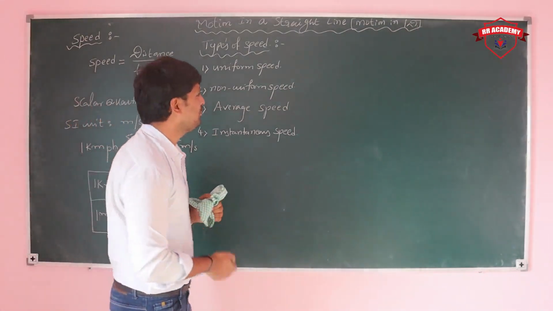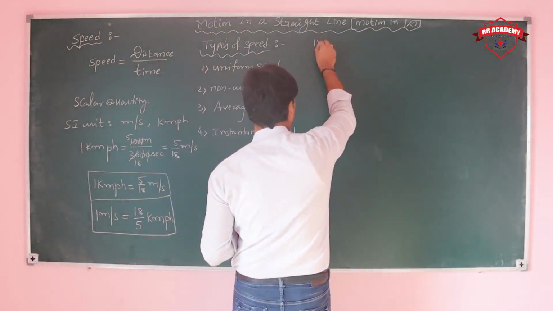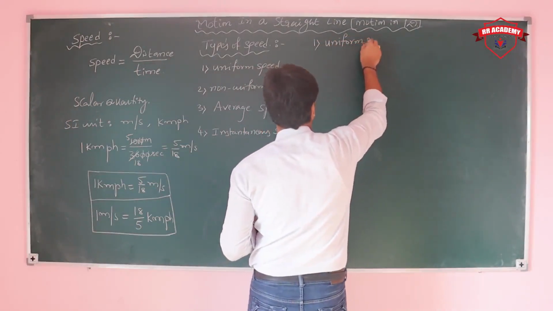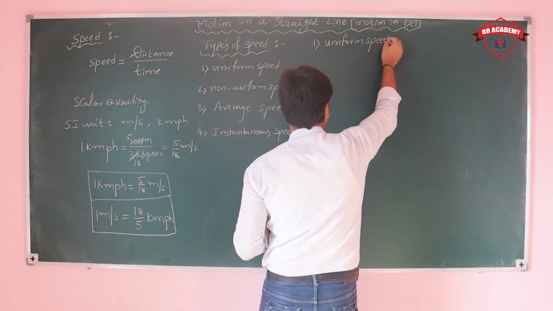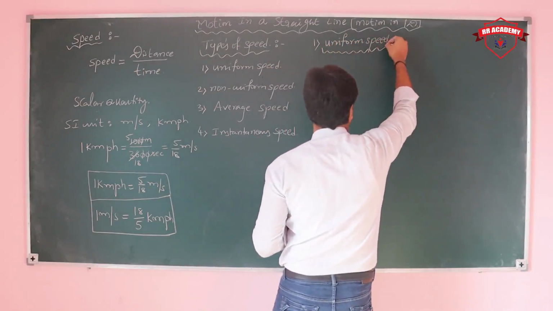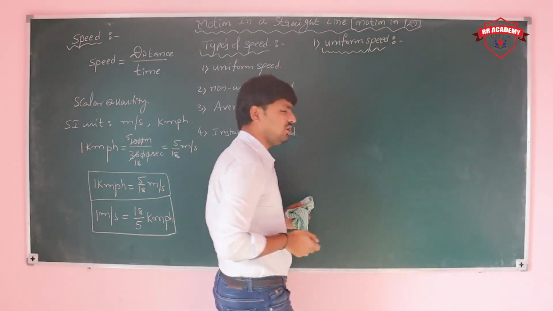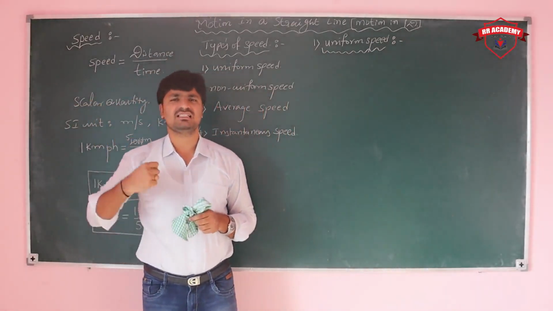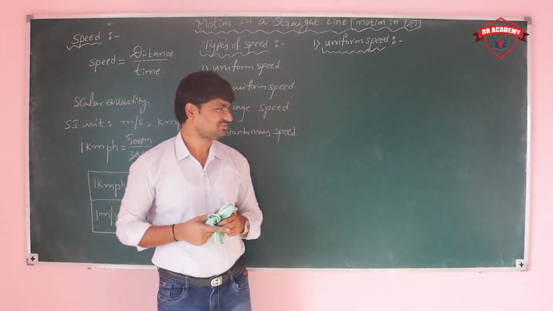Let's discuss first uniform speed. All types of speed have the same SI unit.